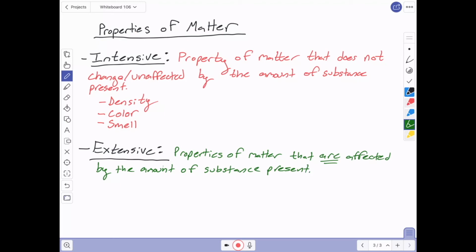Okay, so the mass is very simply an extensive property.